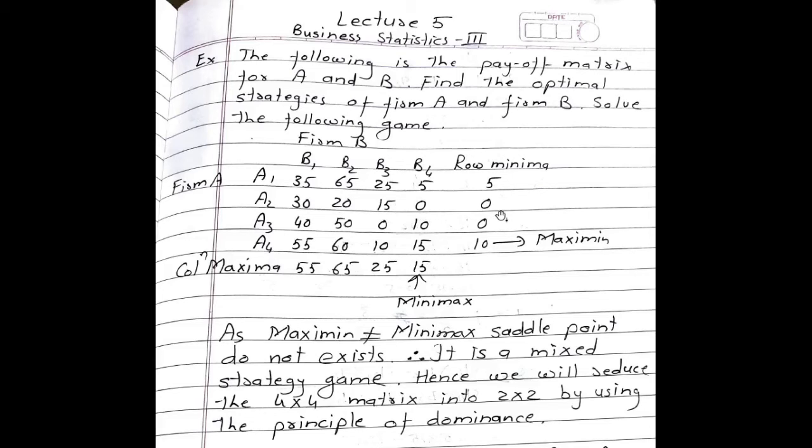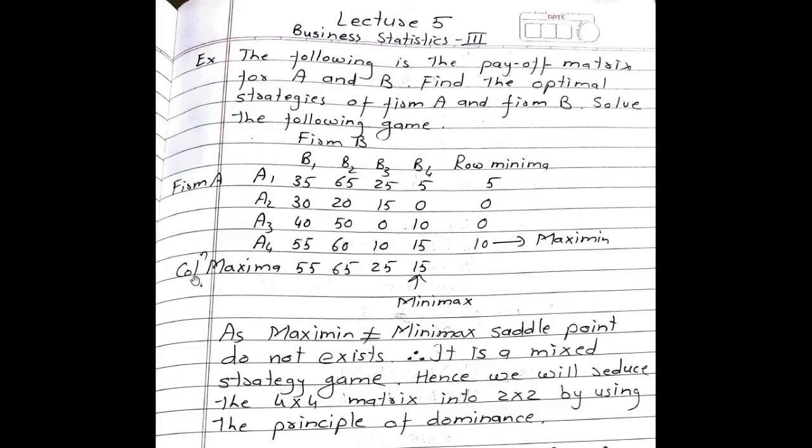The minimum value is 0. 40, 50, 0, 10. 0 is minimum. 55, 60, 10, 15. 10 is minimum. Now amongst these minimum values, we will pick up the maximum value. We will put an arrow, write down the value as maximin. So maximum value is 10 and value of maximin is 10.